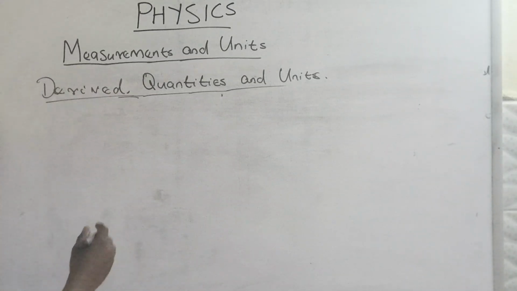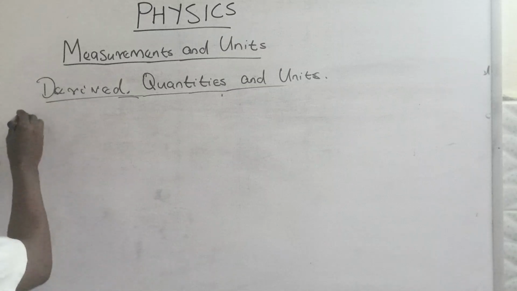Just as the name implies, derived quantities, they are derived from the fundamental quantities. So the derived quantities are quantities that are a combination of 2 or more fundamental quantities. So also the derived units are the combination of 2 or more fundamental units, and they are also the units of the derived quantity.